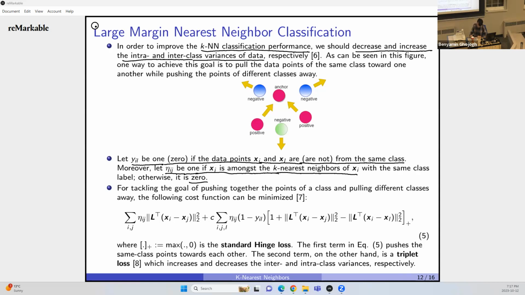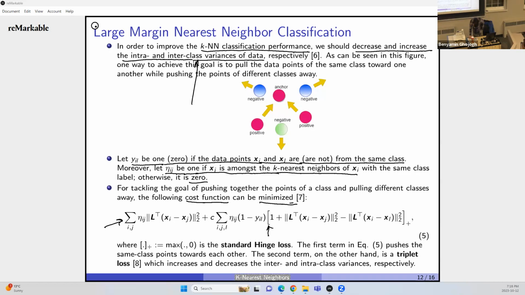Now we want to do this idea that I talked about. For that, we can use this cost function or loss function, and we minimize it using regular optimization, not deep learning. Okay, so let's see this loss. First off, what is this notation?